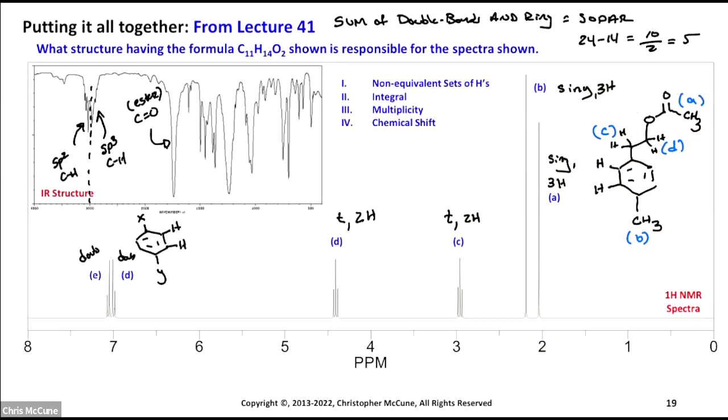Okay. They're not the same. They have a little bit of difference. Again, there's an effect. So I'm going to say that E then is the one that's closer here to the electron withdrawing ester, and then D is the one that's closer to the CH3 group at the benzylic position. So I think that would complete the problem.